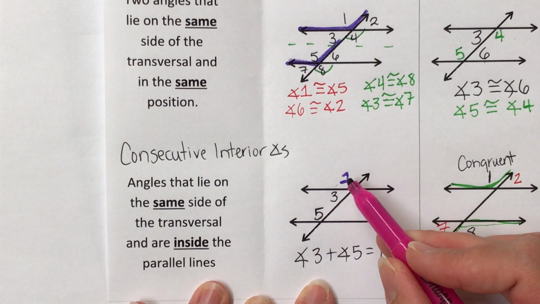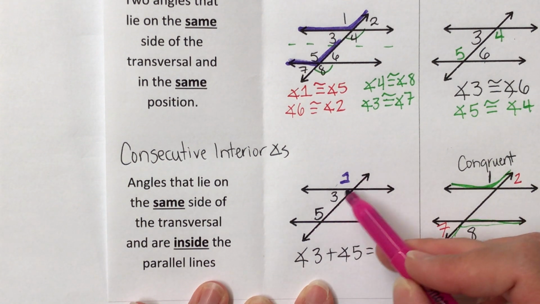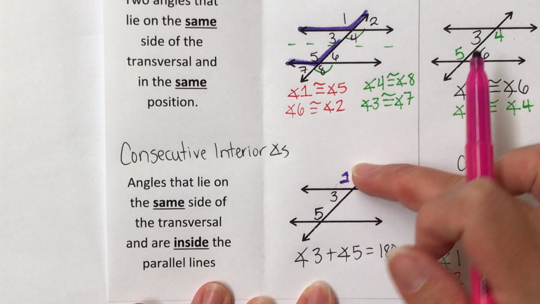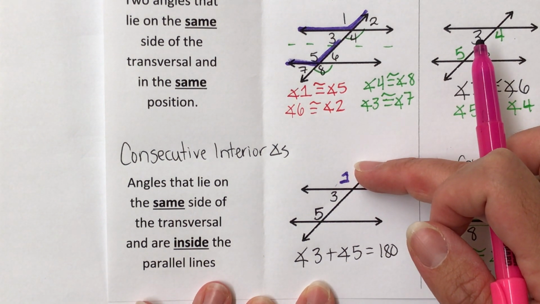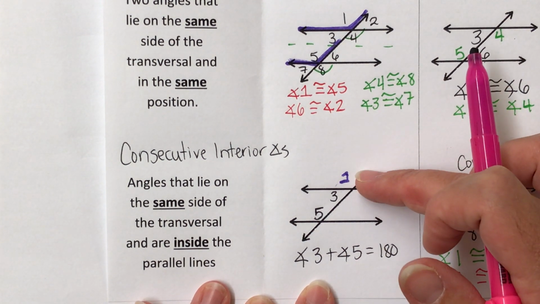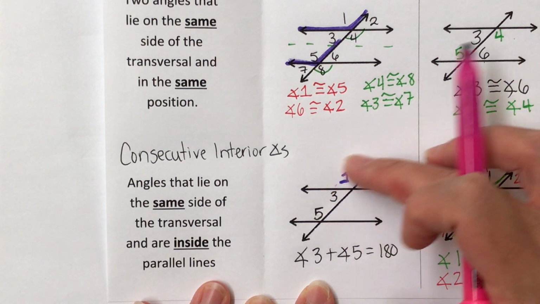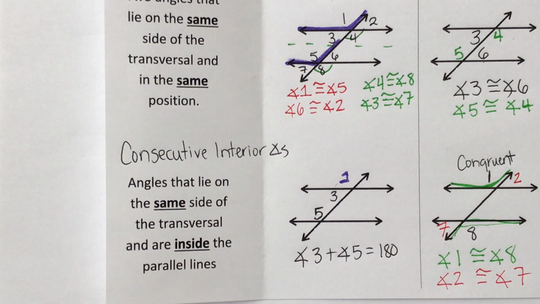And so if 5 and 1 are congruent, then that means that this also could be called angle 5 if you wanted it to be, because they're the same angle, they're corresponding, they're congruent. And so since 5 and 3 now are a linear pair, then they're supplementary. So just a walkthrough as to why angle 3 and angle 5 are supplementary.